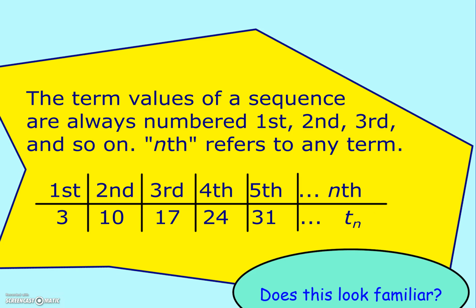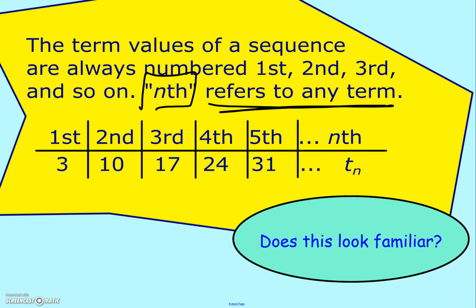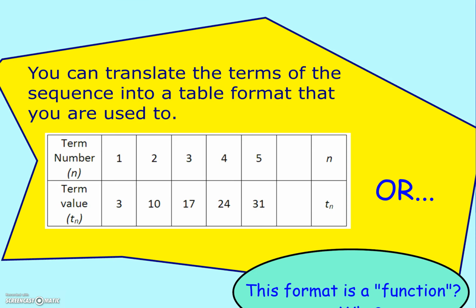So the term values of a sequence are always numbered first, second, third, and so forth until you get to the nth term, which refers to any term. And this should look familiar from years past in 6th and 7th grade. So you can translate the terms of that sequence into a table format.